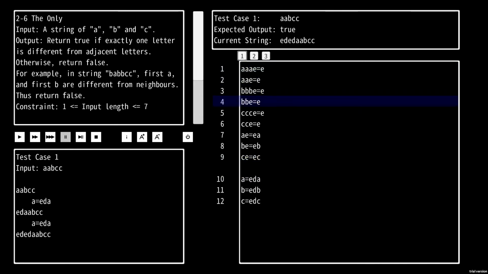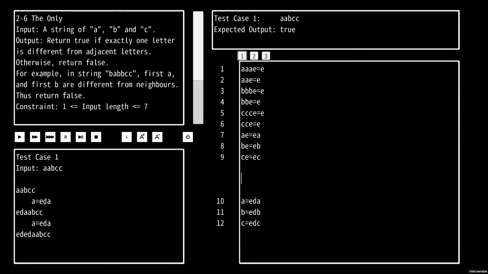Oh, and then it does more. Okay. But that's fine, because we'll have our return statement here. We'll have all our important stuff in return statements here. I think.